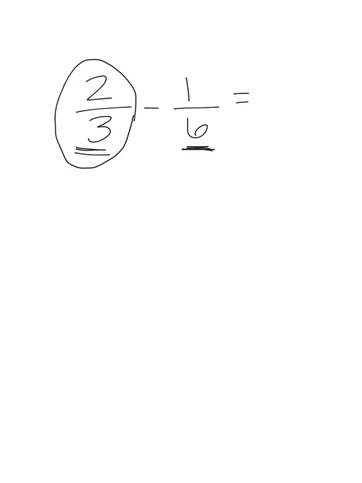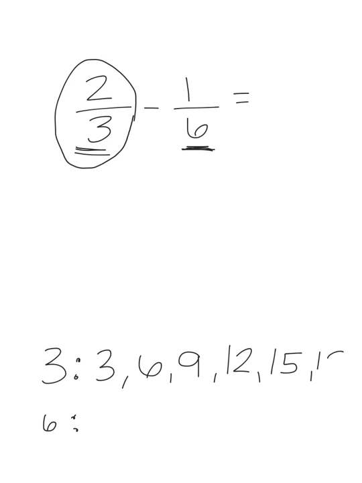Well, let's look at our denominators of 3 and 6, and let's talk about our multiples of 3 and 6. Okay. My multiples of 3 are 3, 6, 9, 12, 15, 18, and I'm going to stop right there. Okay. Let's look at our multiples of 6. 6, 12, 18, 24, 30.